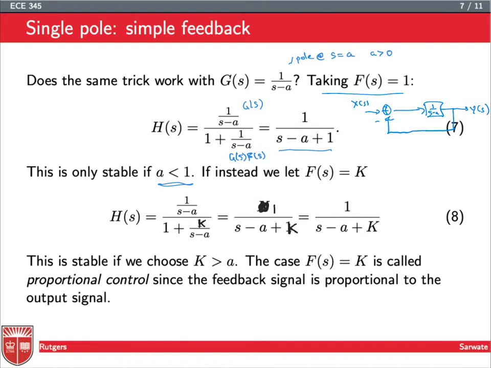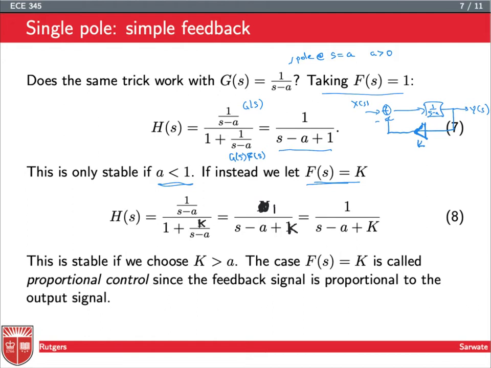So that's a little disappointing, because it means that we can't just connect the wire back. But maybe we can do better if we allow the wire to have a bit of a gain. So we'll take this wire and put a gain, K, on it. And so now we have this feedback K. Then we have a new transfer function.